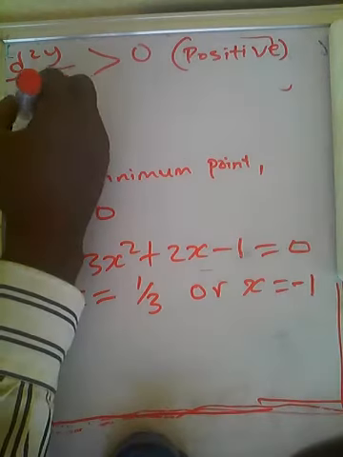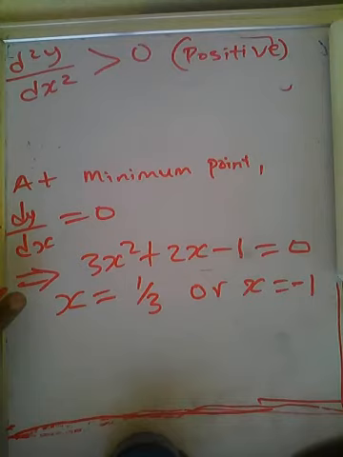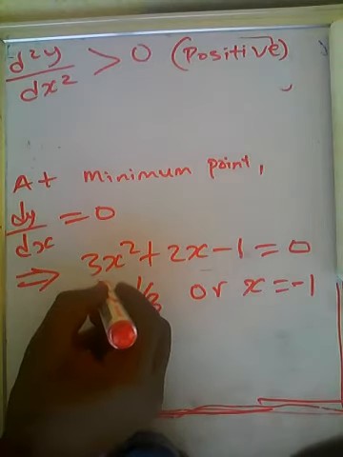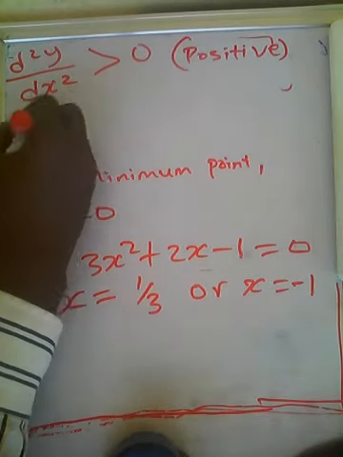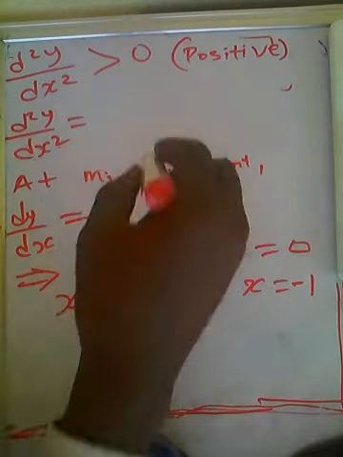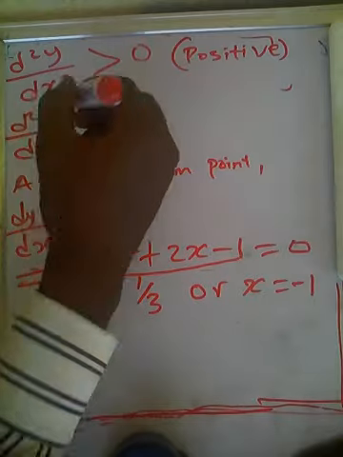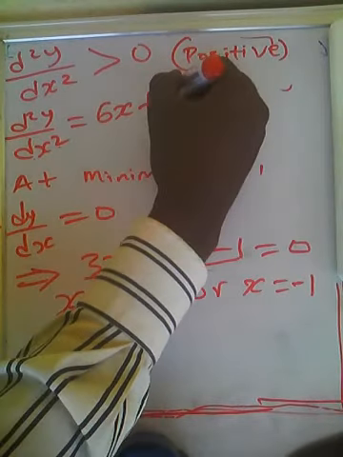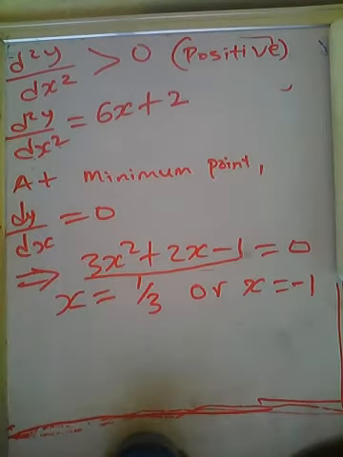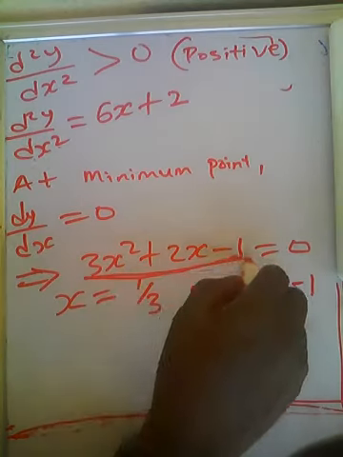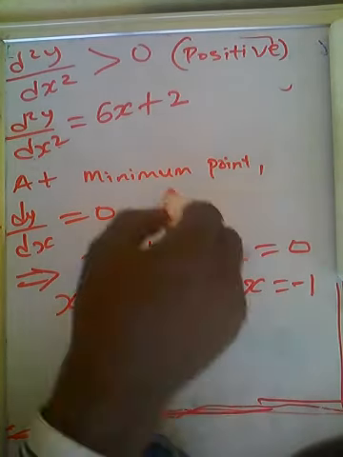Now, d squared y by dx squared means we have to differentiate dy/dx again. So that gives us 6x plus 2.